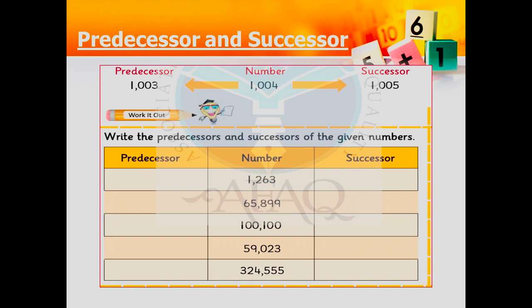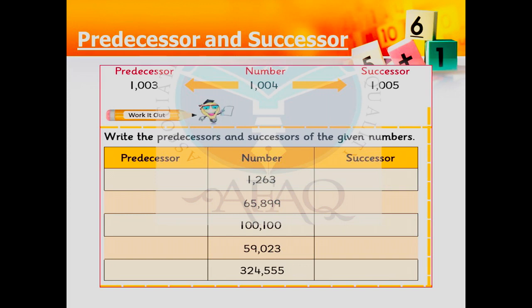And when we add one more to this number, we will get 100,101, which is the successor of this number.